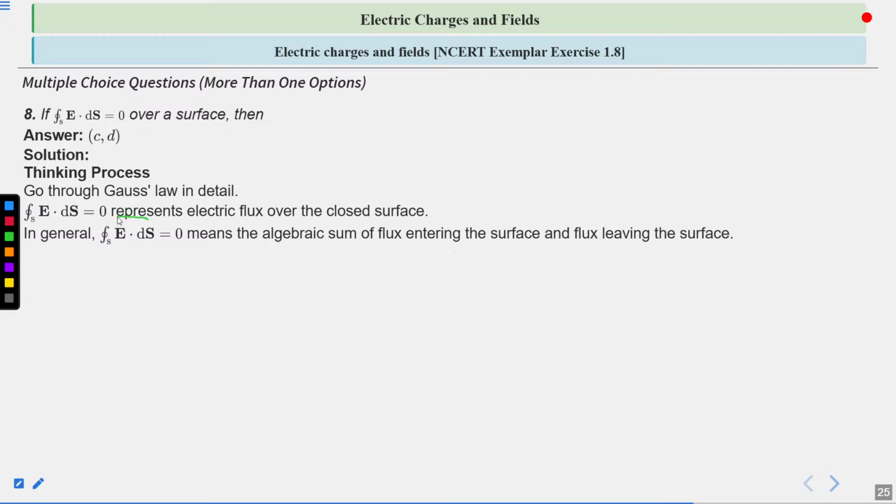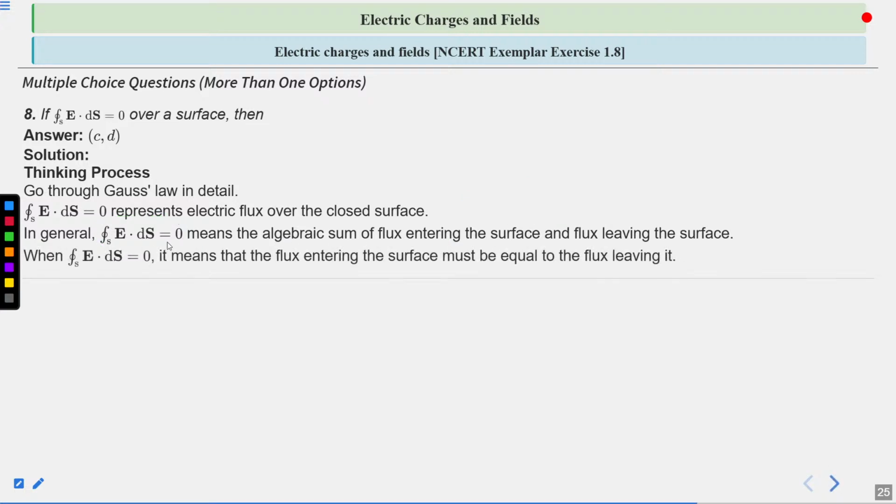In general, closed integration E dot ds equal to 0 means the algebraic sum of flux entering the surface and flux leaving the surface is zero. So when closed integration E dot ds is equal to 0, it means flux entering the surface must be equal to flux leaving the surface.